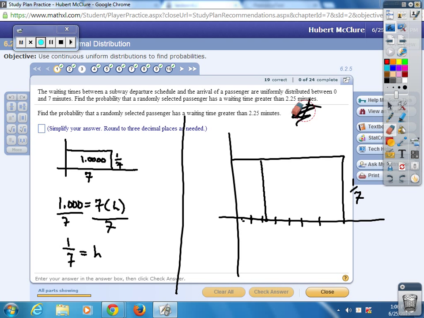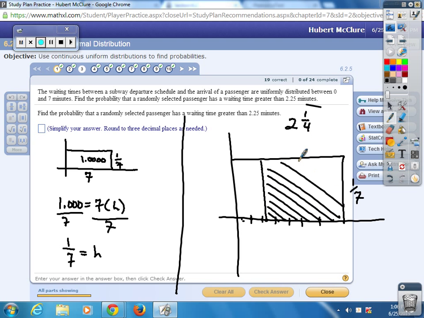I'm just going all over the place today. So 2 1/4 minutes. So they want to know what is the probability of going over 2 1/4. Well, we know 2 1/4 away from 7, let's do that. 7 minus 2 1/4, well, we change this into 6 4/4 minus 2 1/4, and that gives us 4 3/4.